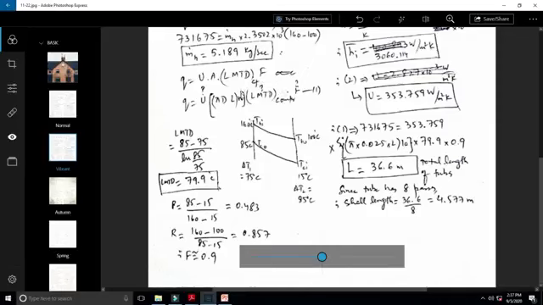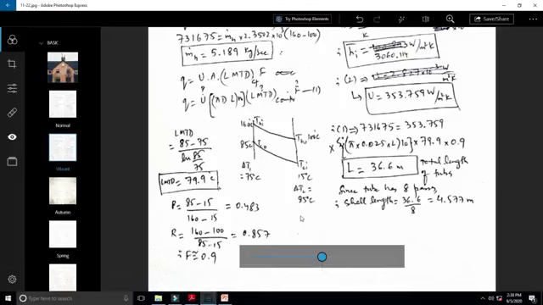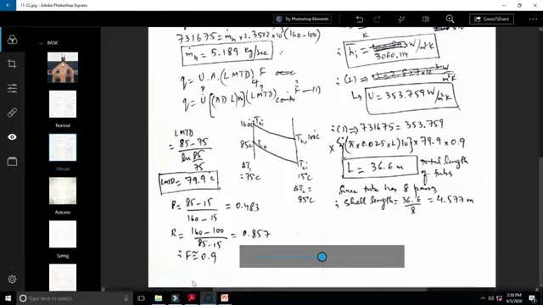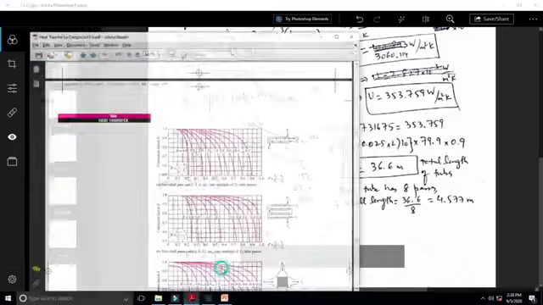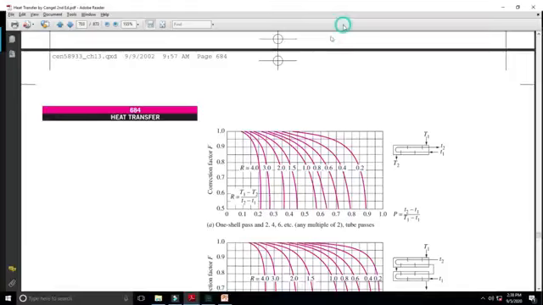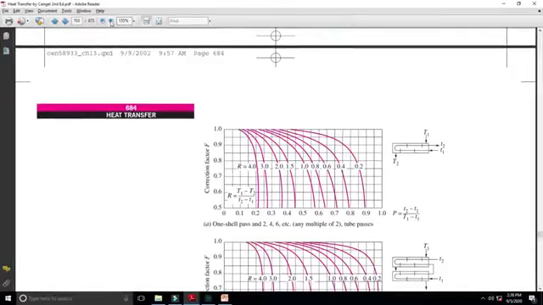So we have found out the log mean temperature difference for the counterflow heat exchanger, and then we need to multiply it with the correction factor. Now in order to find out the correction factor, we need to refer to those diagrams that I had shown you in the lecture.